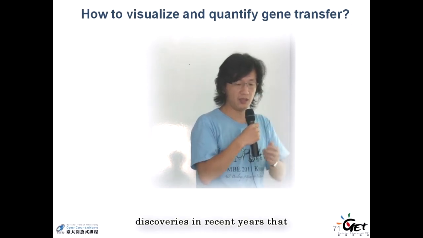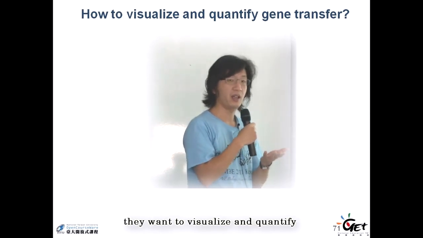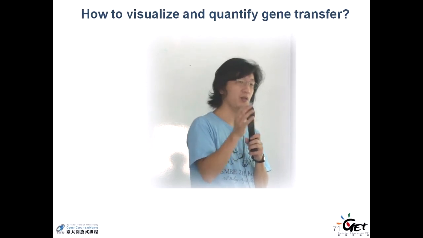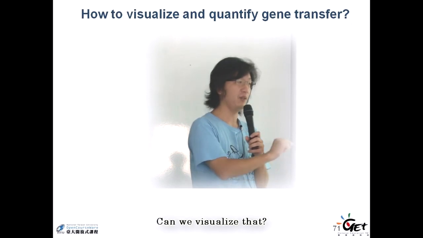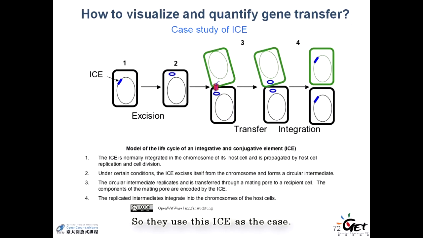So there are some very interesting discoveries in recent years, where people want to visualize and quantify how much gene transfer actually happens. We all know these mechanisms, but how often do they happen? Can we visualize that? They use the ICE as the case, which stands for integrative and conjugative element.